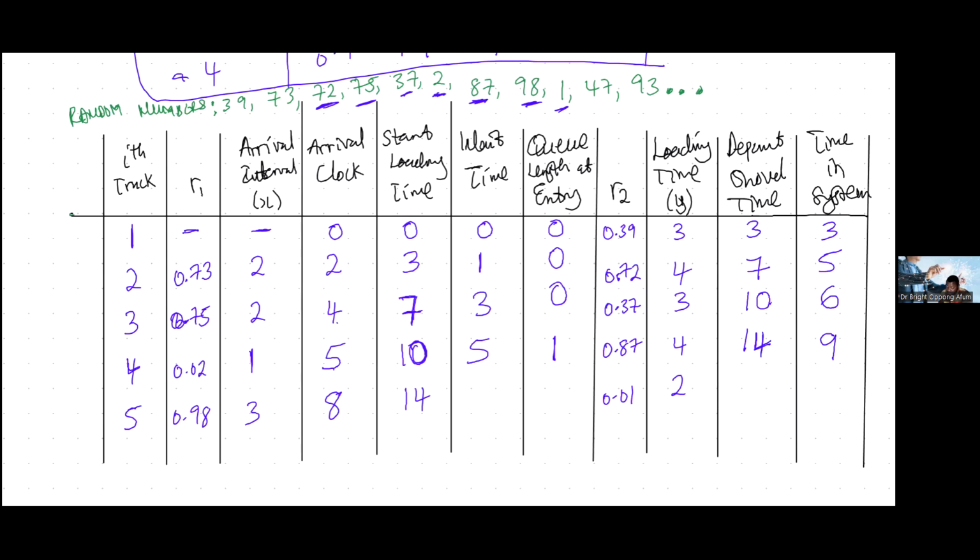So how long will track 5 wait? Track 5 will have to wait 14 minus 8, because it arrived at time 8 and we start loading it at time 14. So it's going to be waiting for 6 minutes.